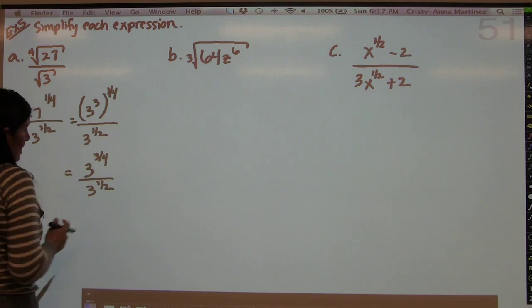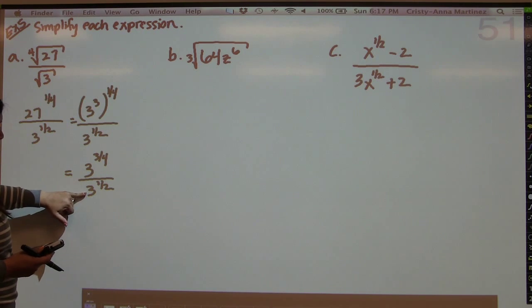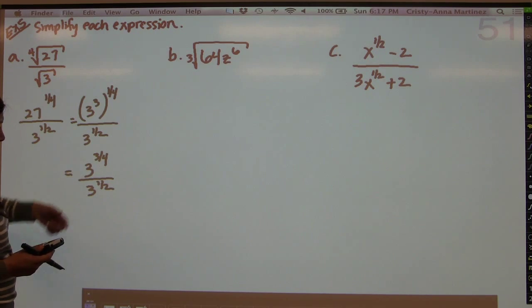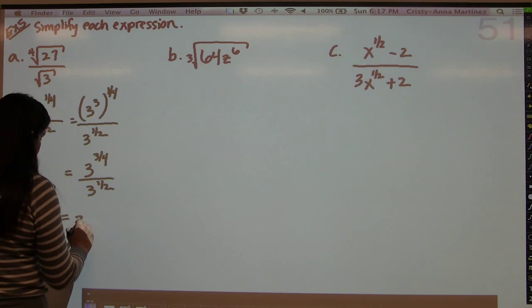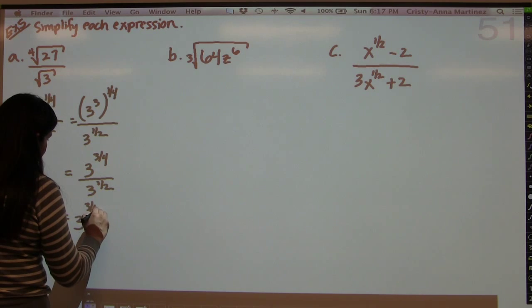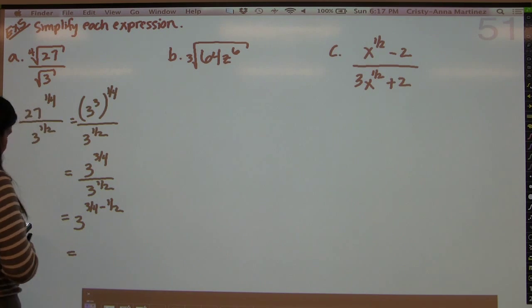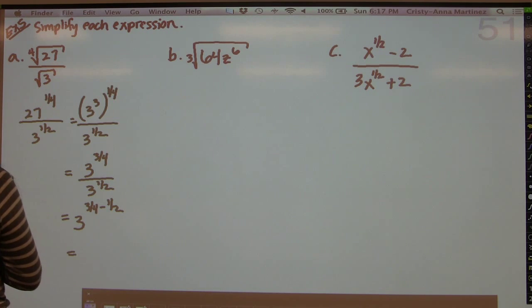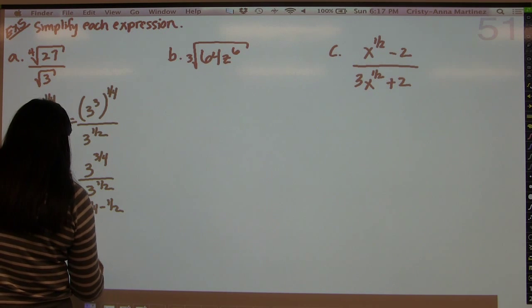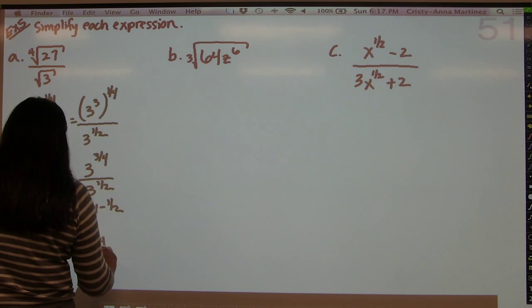And now what I've done is I have the same base and it's dividing, so I can use the property that says I can subtract the exponents. So I'm going to get 3 to the 3/4 minus 1/2. All right, and so basically 3/4 minus 1/2 is 1/4. So at the end of the day, I get 3 to the 1/4.